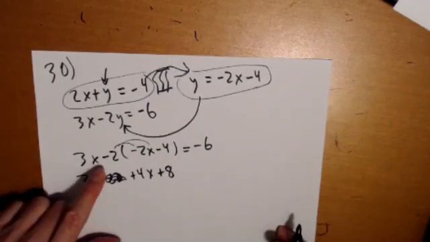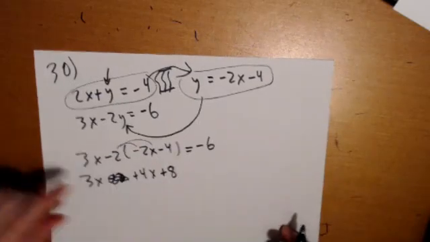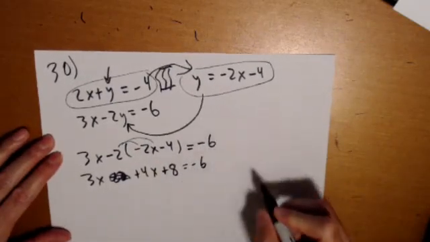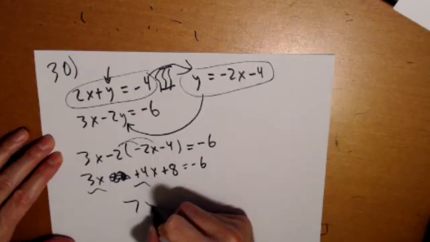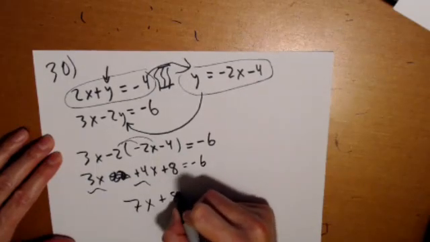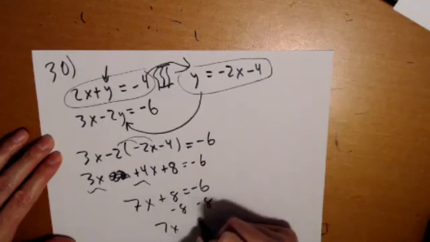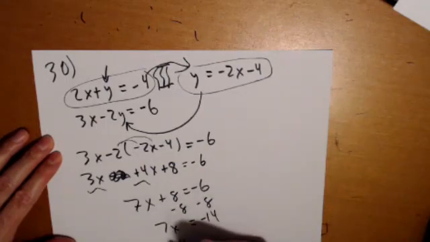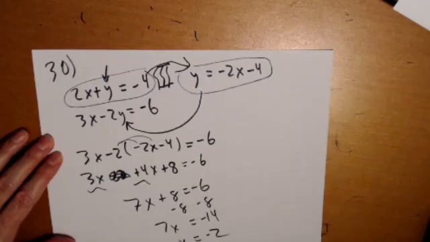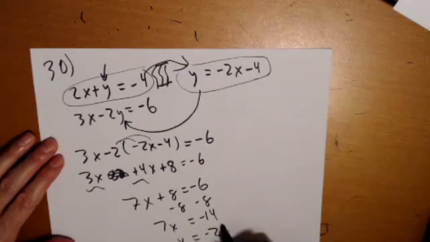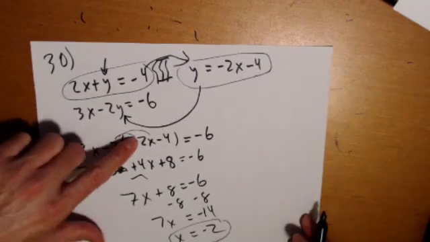Let's see, double check, positive 4, okay, equals -6. 3x and 4x on the same side, that's 7x, plus 8 equals -6, minus 8, minus 8, 7x is equal to -14, so divide both sides by 7, x is negative 2.